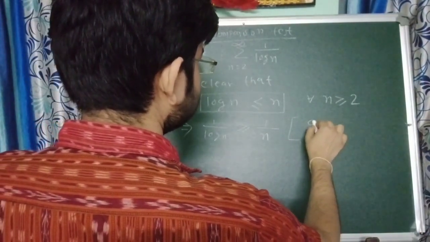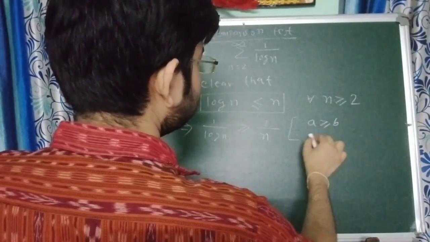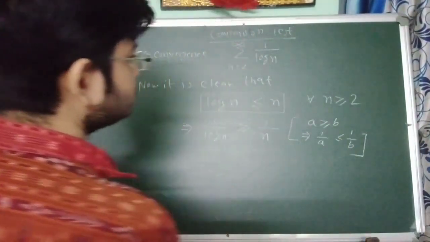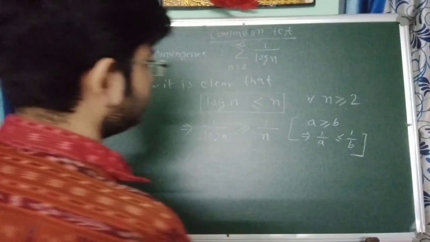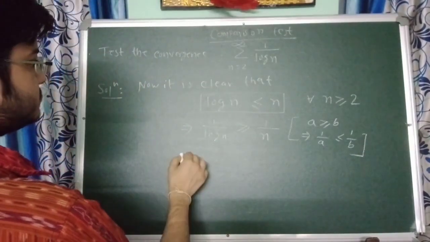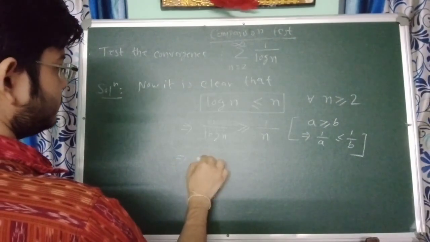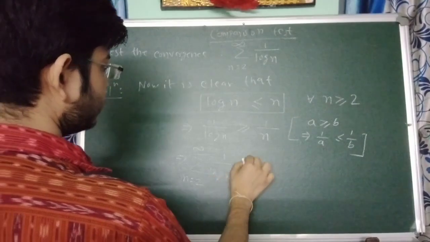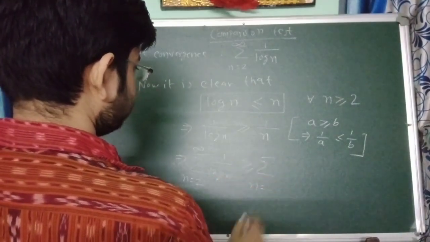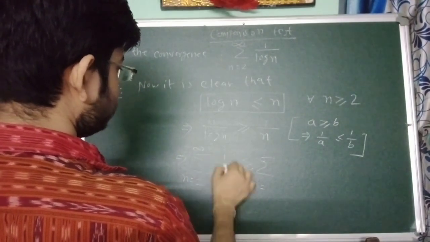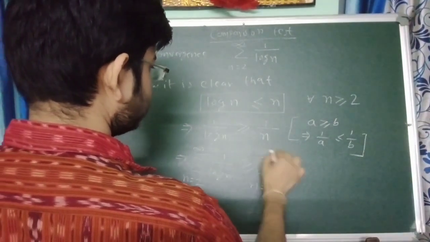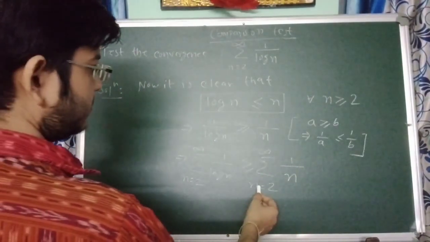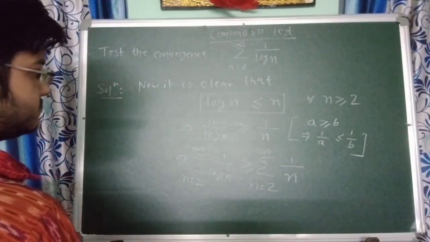Since we know that if this kind of inequality holds, then this must be true, but we assume that a and b are both non-zero quantities. So taking summation on both sides, running from 2 to infinity, we see that summation n equals 2 to infinity 1 by log n is greater than or equal to summation n equals 2 to infinity 1 by n.